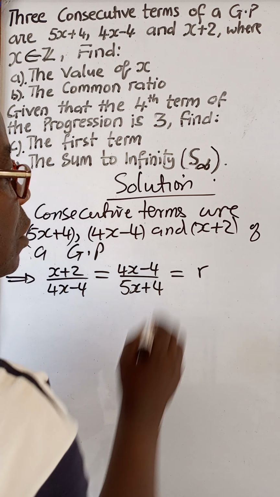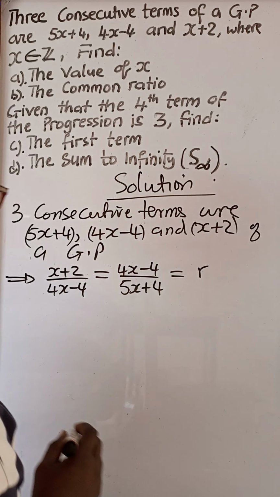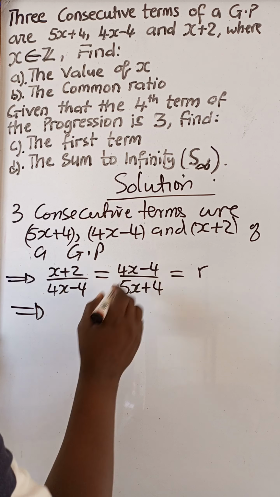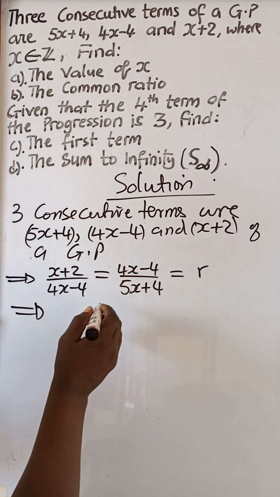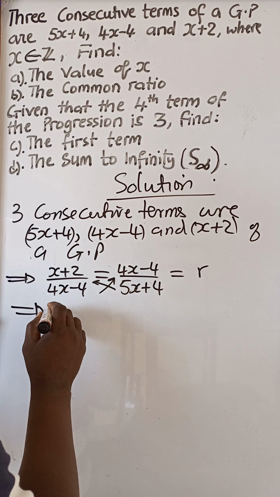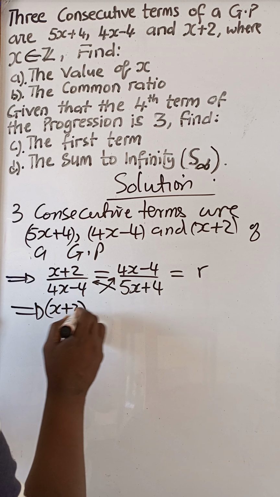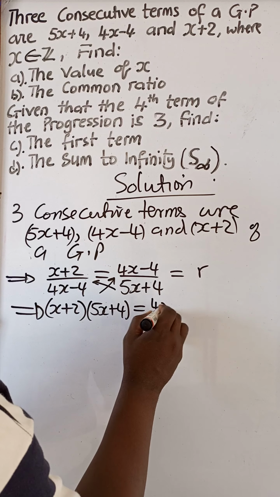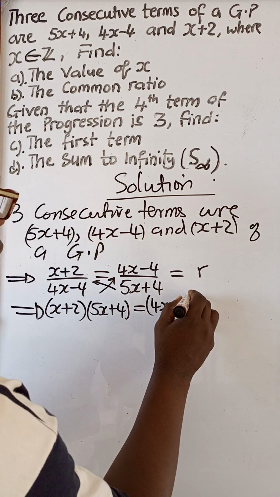And that value is what we call the common ratio. Now let's take this part. All right, when we cross multiply, we'll have x plus 2 into 5x plus 4 is equal to 4x minus 4 squared.